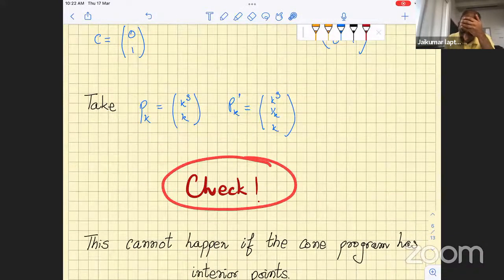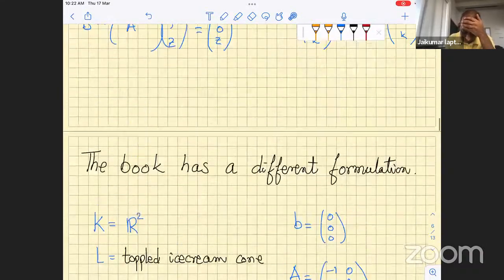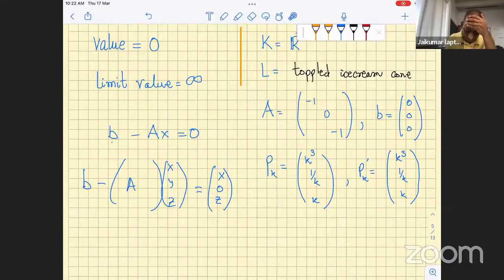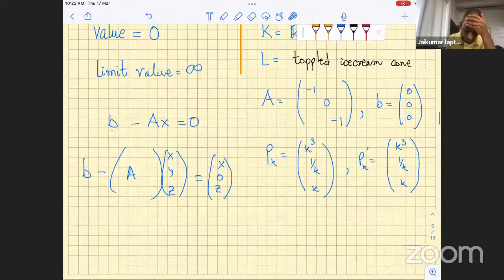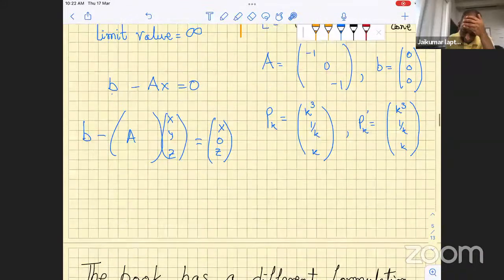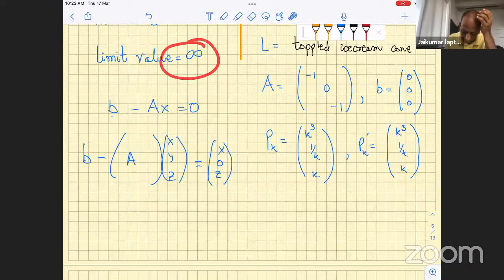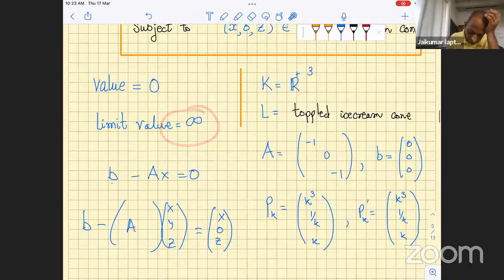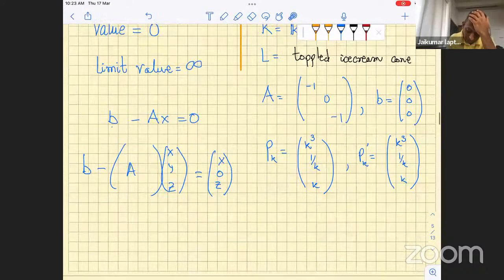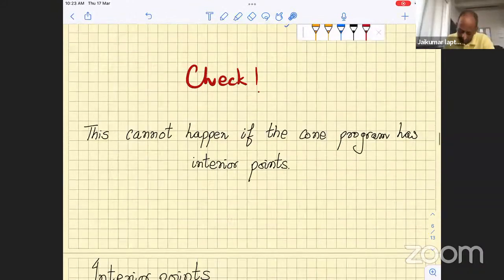You can check that that also gives you the same unbounded value for the limit value of the cone. So that other formulation of the cone program also gives you an unbounded value.